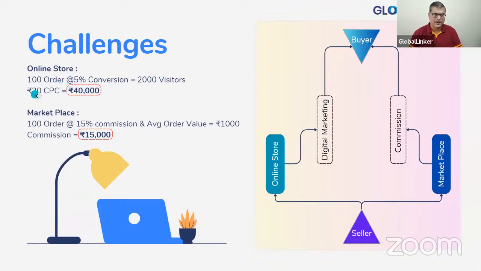And that would mean if the per visitor cost is 20 rupees, you'll end up spending 40,000 rupees to get 100 orders. If you're selling on a marketplace with a similar number of orders and 15% is the commission, that would mean you are paying 15,000 as the commission.